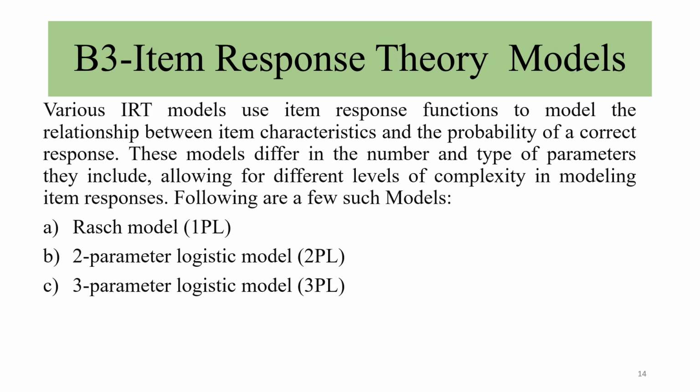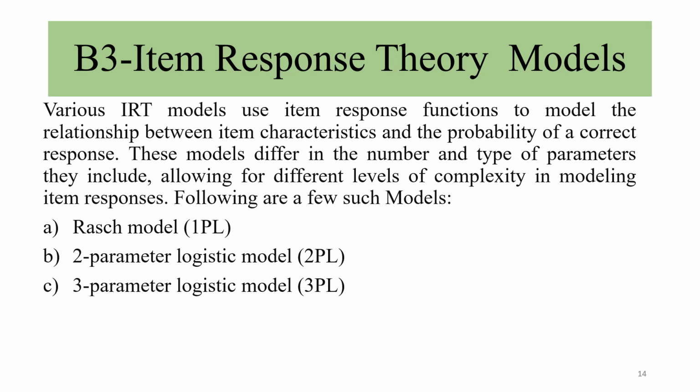B3 is item response theory models. Various item response theory models use item response functions to model the relationship between item characteristics and the probability of a correct response. These models differ in the number and types of parameters they include, allowing for different levels of complexity in modeling item responses. Following are a few such models.